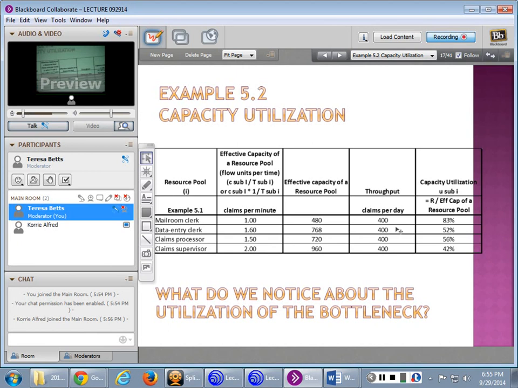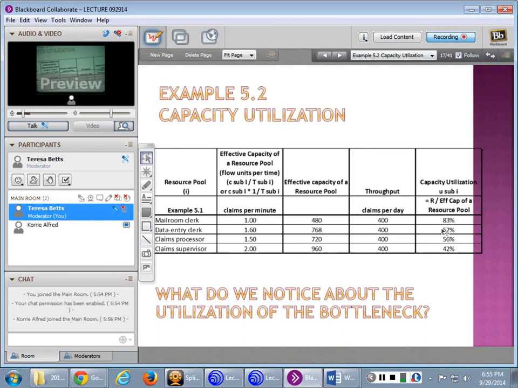Okay? So our actual throughput, though, is 400 claims per day. Okay? So our capacity utilization is our throughput divided by what they could actually do if they were full speed ahead, right? So 400 divided by 480 is 83% utilization.